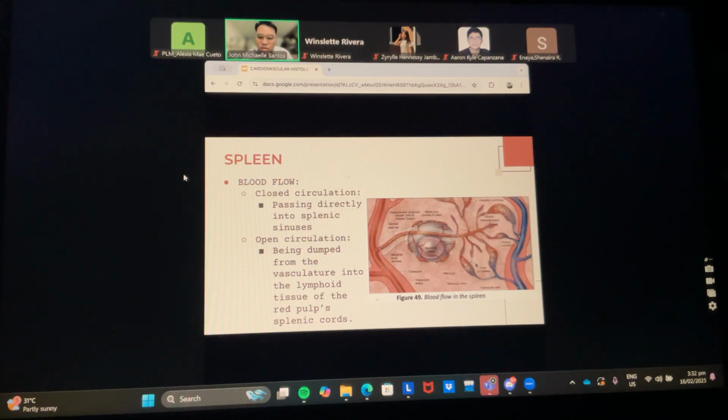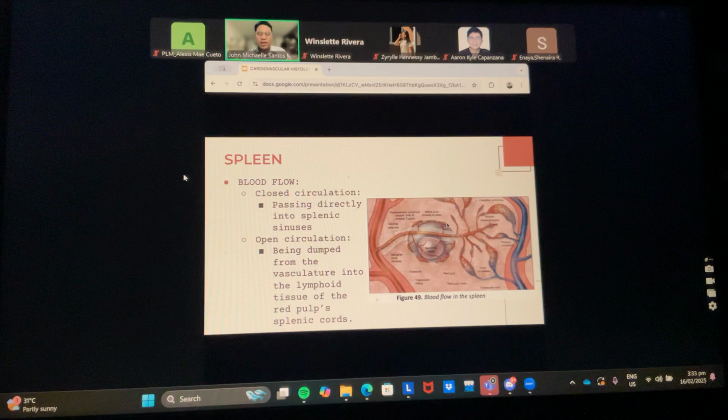Ibig sabihin, dito lumalabas yung mga dugo. Okay? Lumalabas yung mga dugo para, diba sabi nga natin, siya yung graveyard ng red blood cells mo. Dito natatambay yung mga red blood cells for their demise. Kakainin sila ng splenic macrophages para ma-recycle yung mga contents nila like hemoglobin and your iron.